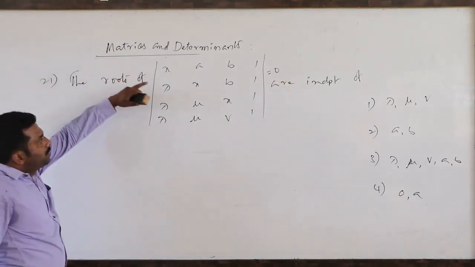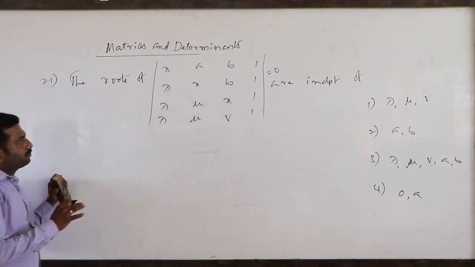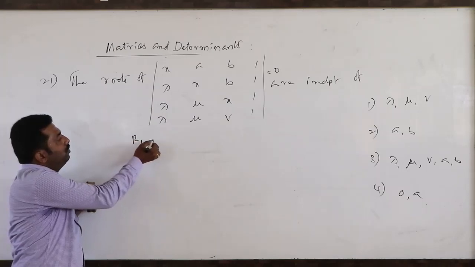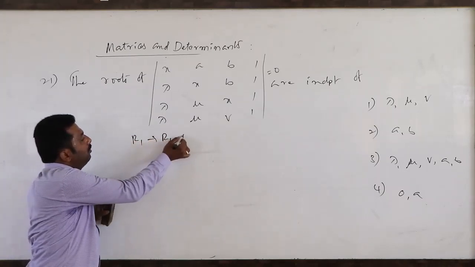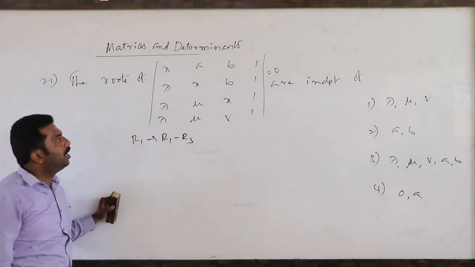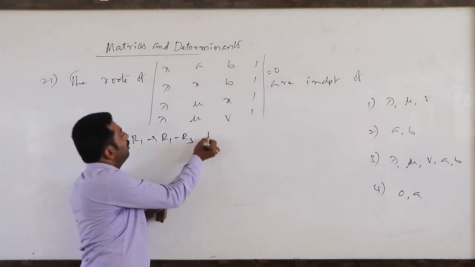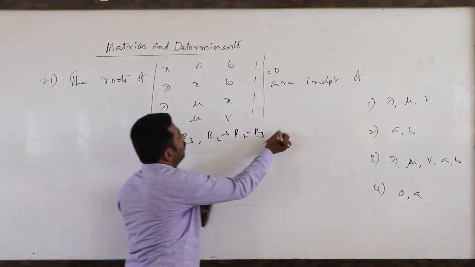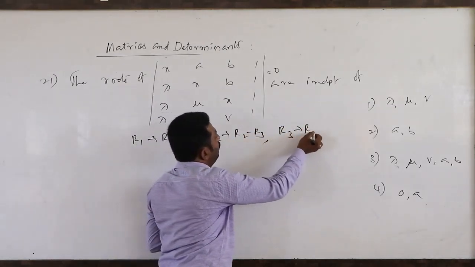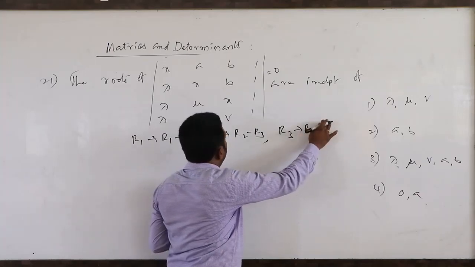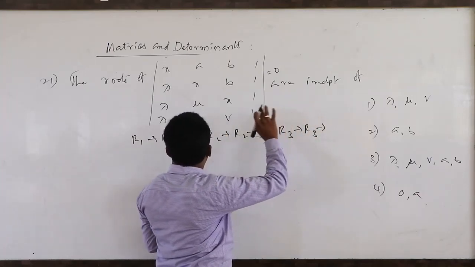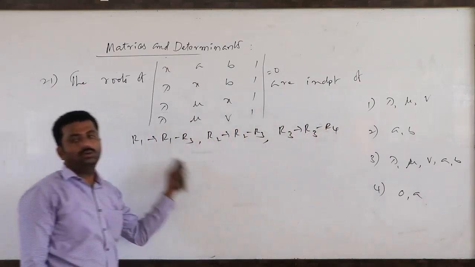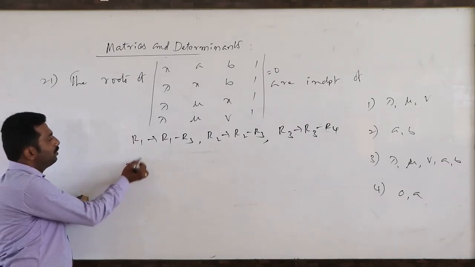You observe just what I am taking: R1 changes to R1 minus R2, R2 changes to R2 minus R3, R3 changes to R3 minus R4, because 4 rows are there.